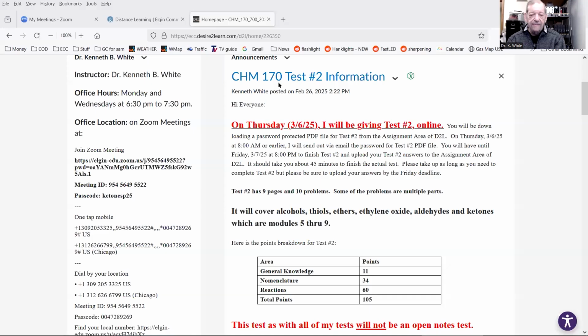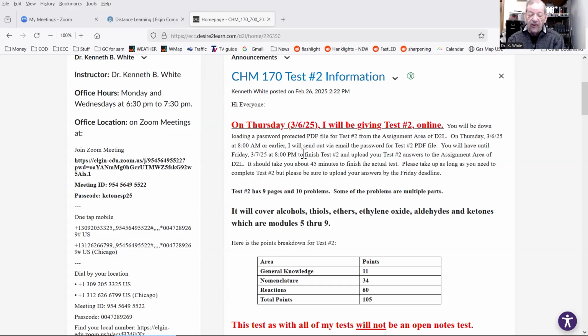Tonight, I'll be doing the review for test number 2. And in case you forgot, this Thursday at 8 a.m. or earlier, I will send out an email with the password for the password protected PDF file for test number 2.